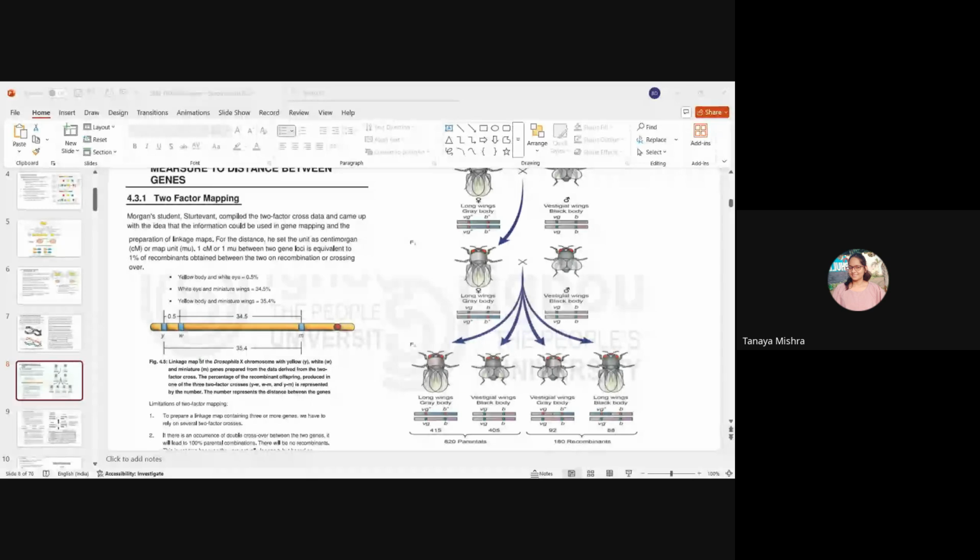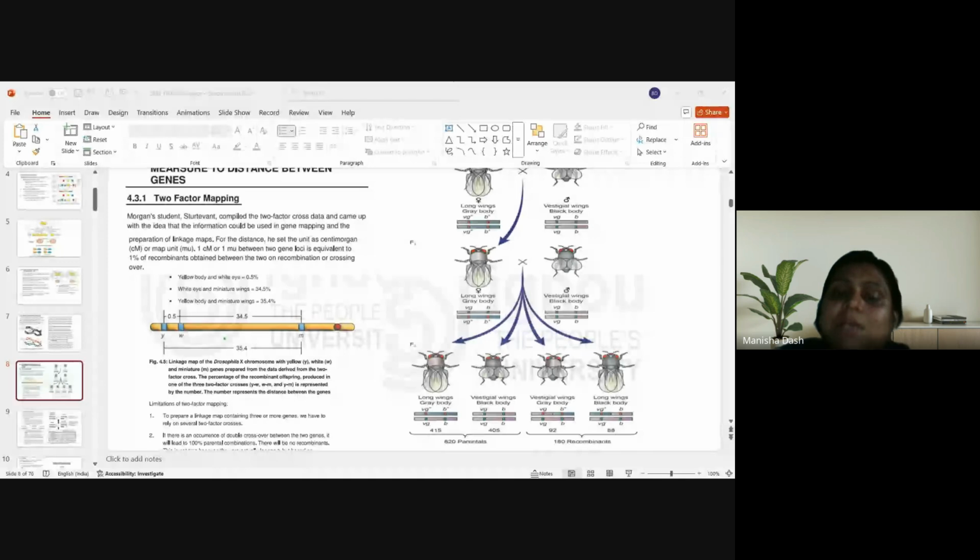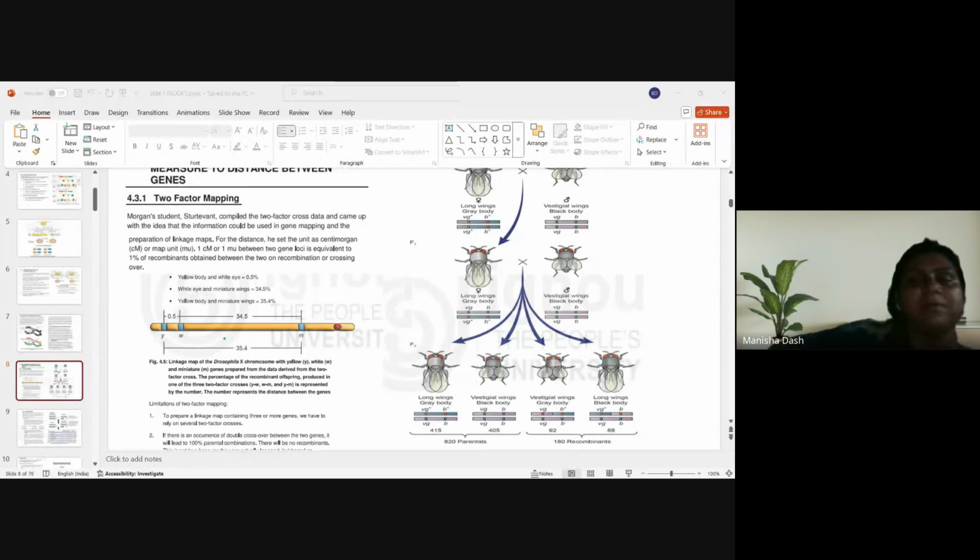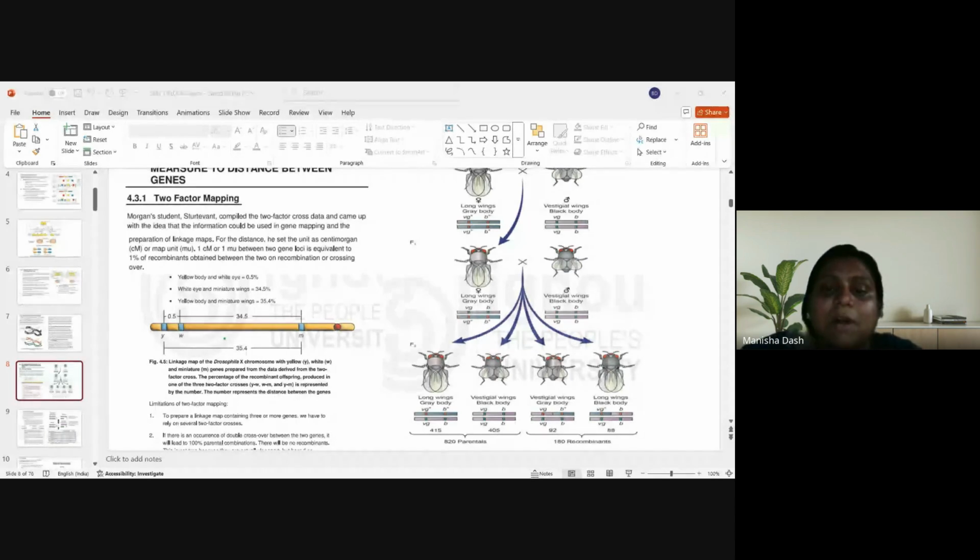Ma'am, will the recombination happen between the X and Y chromosome? No. Recombination will always occur only between homologous chromosomes, because they should have exactly the same set of genes, only with different allelic combinations. The recombination between non-homologous chromosomes is called a translocation.